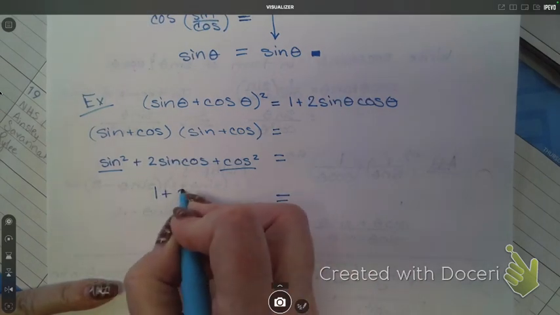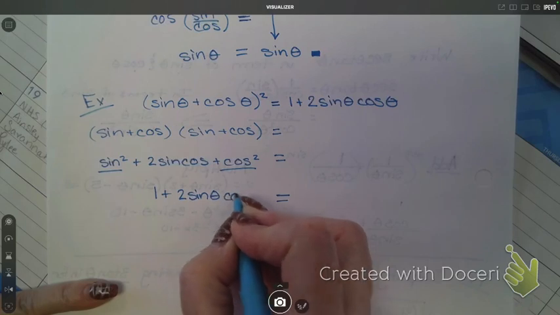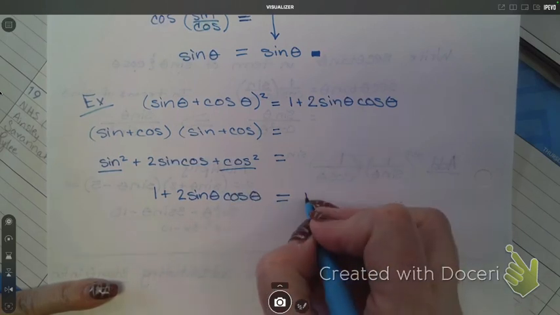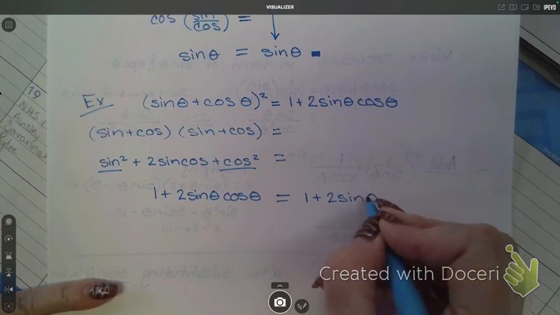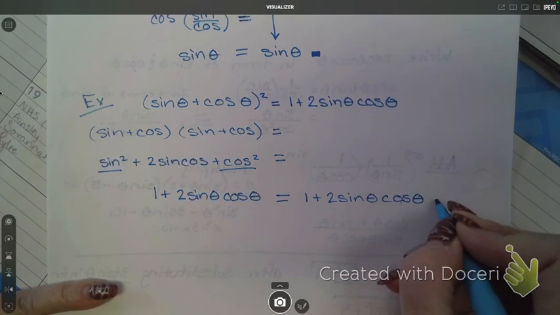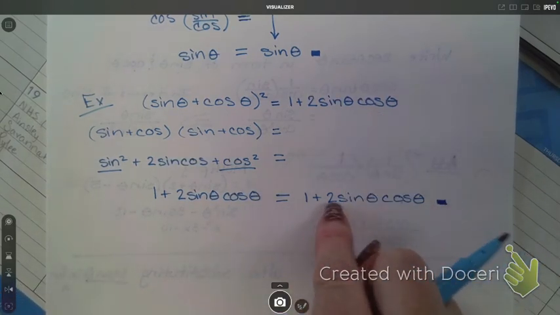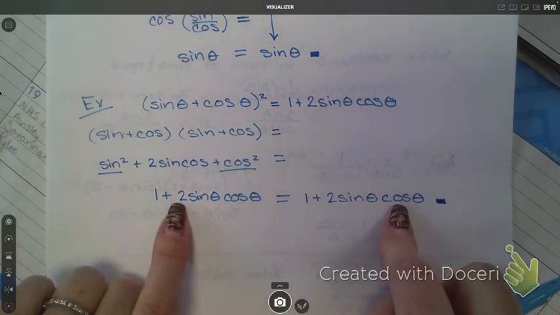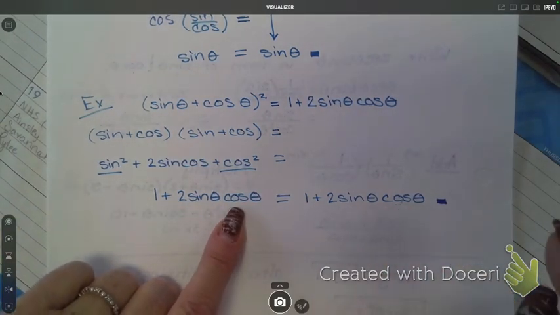And do I have what I wanted? And when I say it has to be exactly the same, if you were to put 1 plus 2 cosine sine and 1 plus 2 sine cosine, I would count off half a point. I mean, it has to be exact.